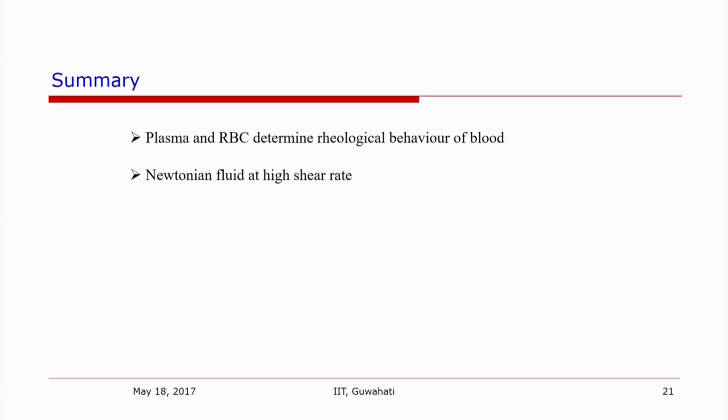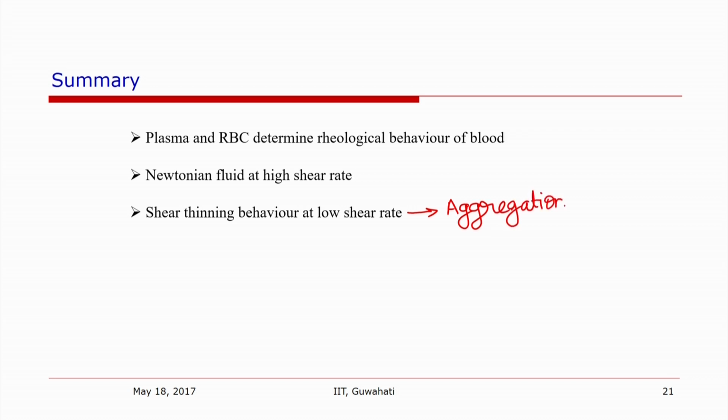The blood behaves as a Newtonian fluid at high shear rates. At low shear rates, a shear thinning behavior is observed, and two major factors are responsible for it. One is aggregation of RBCs, and the other factor is shape and flexibility of RBCs.